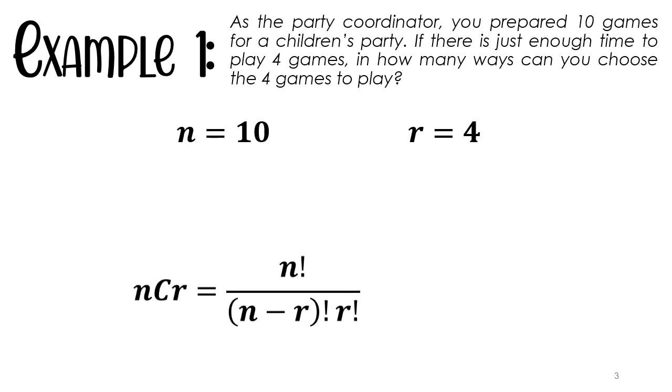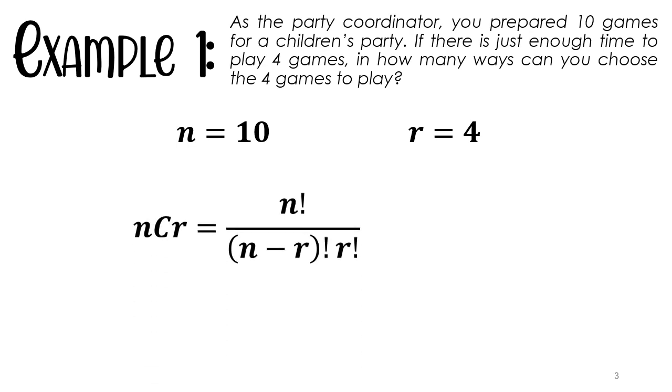We can now apply the formula for combination, which is again nCr is equal to n factorial all over quantity (n minus r) factorial times r factorial. So let's just plug in the values.